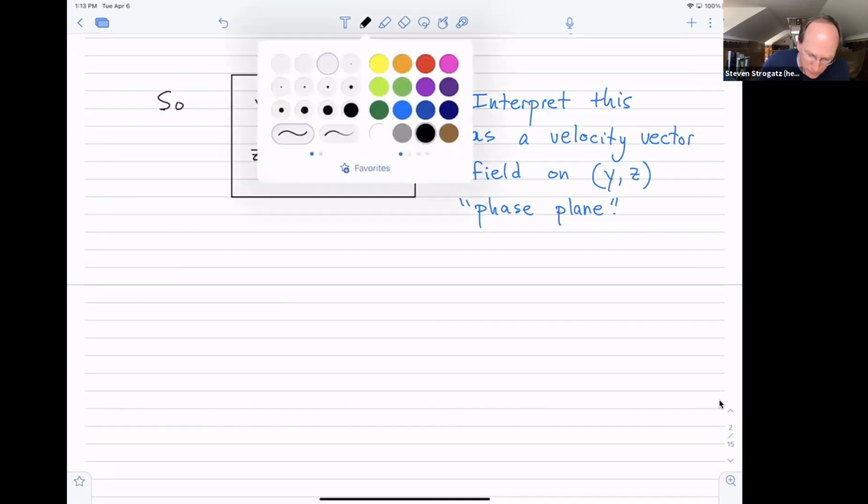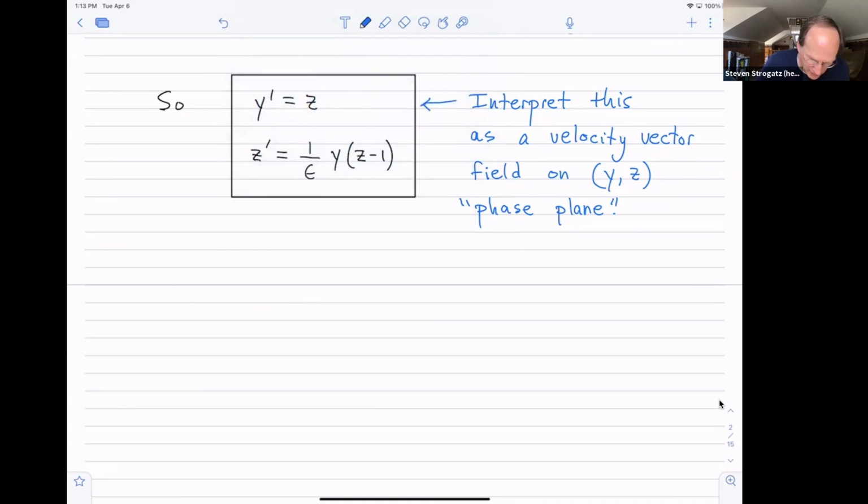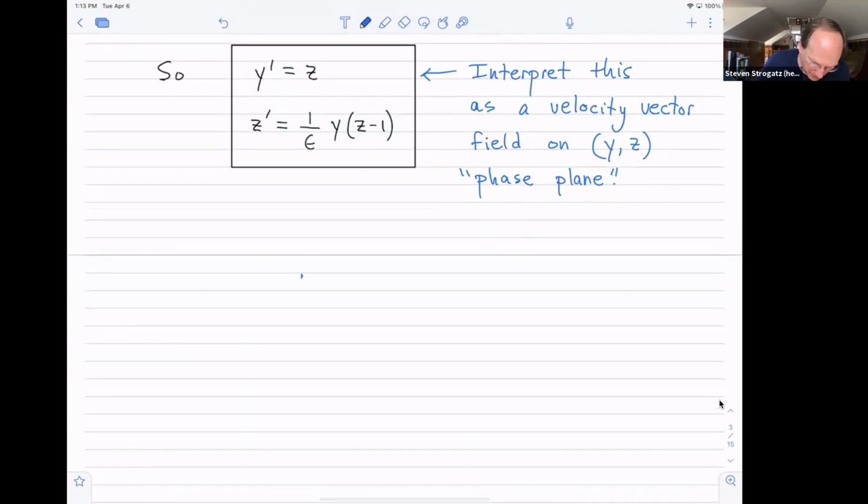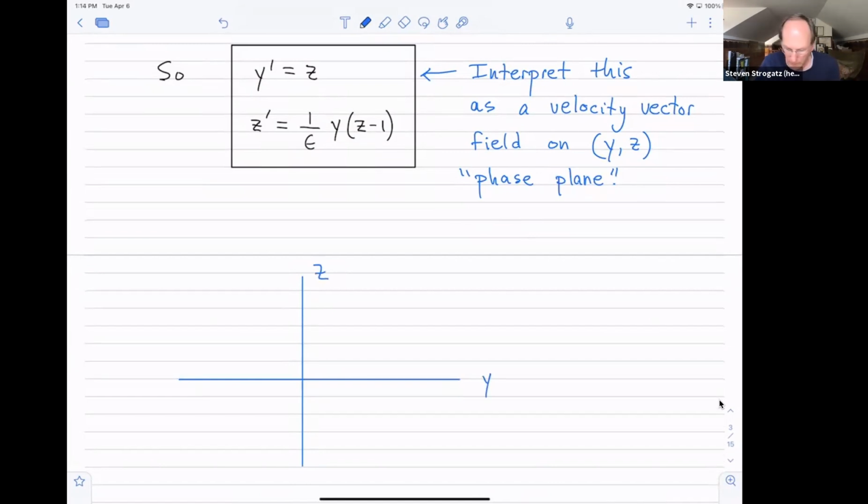So maybe I'll use blue for the XY axes here, or I mean YZ. All right, so this is going to be Y. There's Z. And now we've got the equations above, so we can think about them. What I want to do is sketch the vectors in the YZ plane.